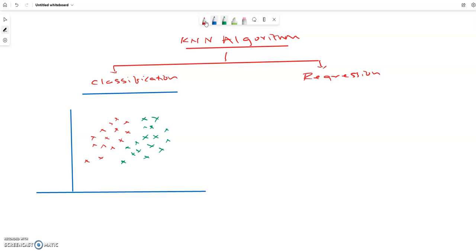Suppose we have a new data point here. We have our new data point here. Let us say our value of k is equal to 5. Now k here is hyperparameter.